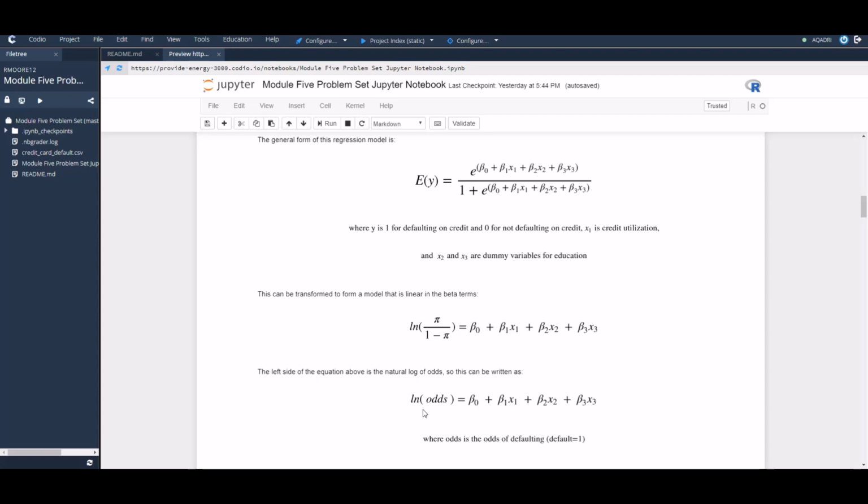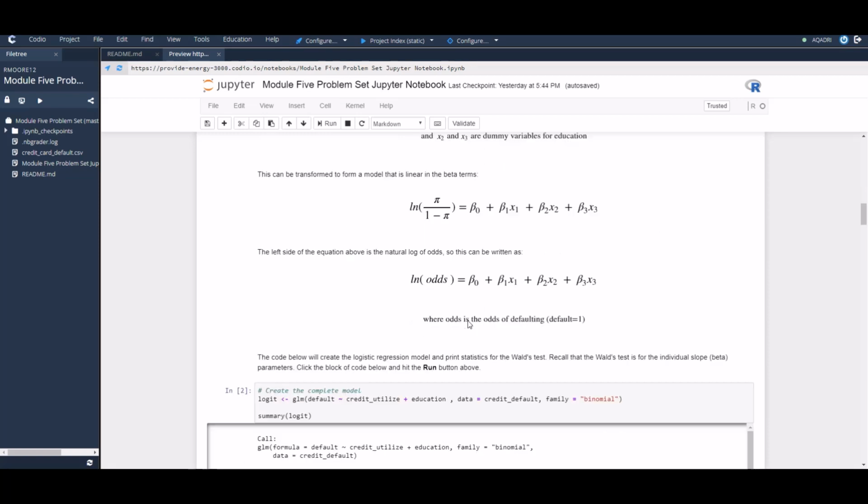So the only difference here is that the answer would be expressed in natural log of odds. But either of these is okay. So when you get your beta estimates from the output, you can plug them here or here and get to your equation. Okay, so let's run this.